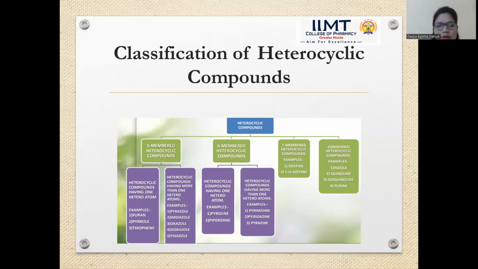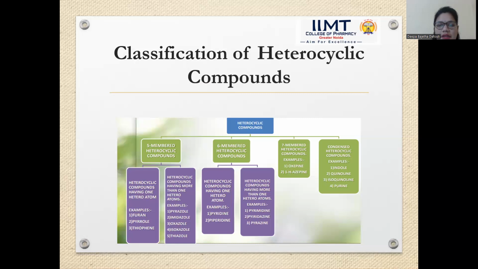having one heteroatom. Examples are pyridine and piperidine. And heterocyclic compounds having more than one heteroatom. Examples are pyrimidine, pyridazine, and pyrazine. And for 7-membered heterocyclic compounds, there are some examples like oxepine and 1H-azepine.